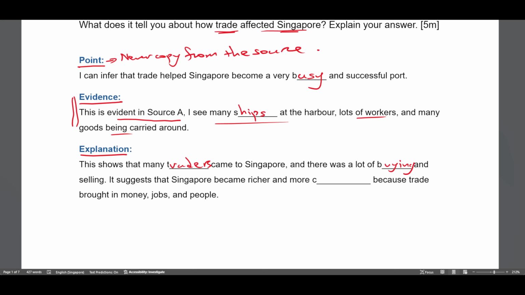It suggests that Singapore became richer and more something because trade brought in money, jobs, and people. Right? So what could be a possible word here? You can say Singapore became more crowded because trade brought in money, jobs, and people. So that's the whole thing, considered one paragraph, and that's all you're required to do. All right, I hope this helps.